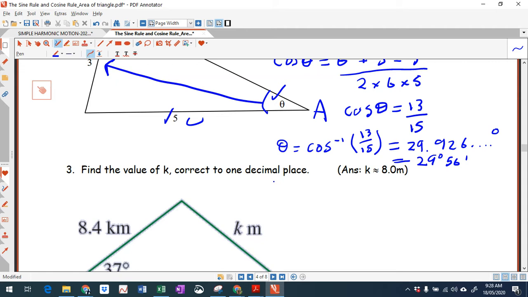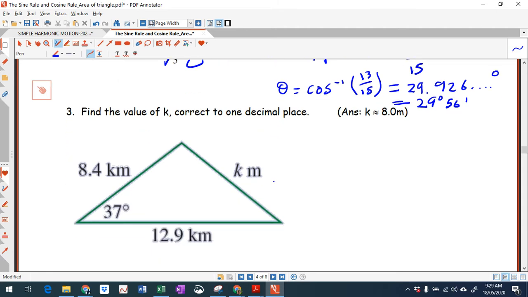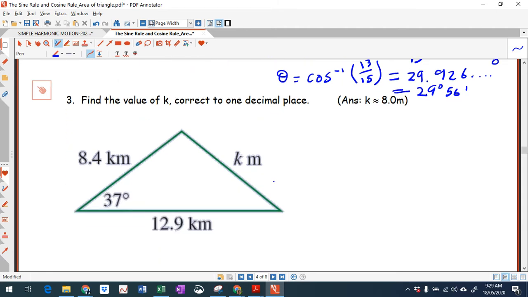Okay, let's have a look at the next question. First thing I'll do again is just write down the formula. Cosine of A is equal to B squared plus C squared minus A squared all over 2BC.